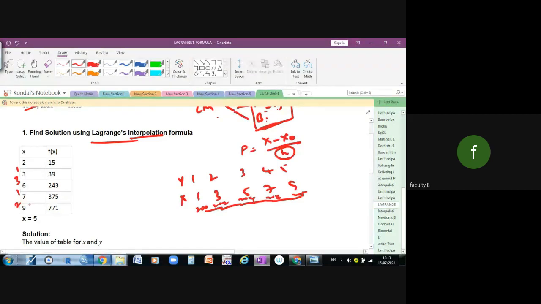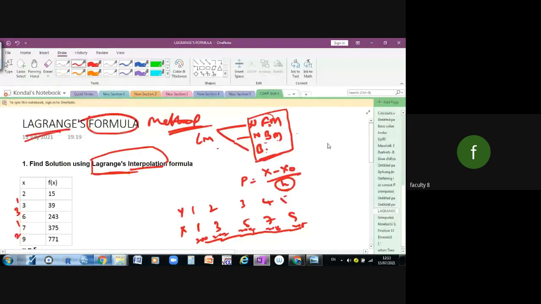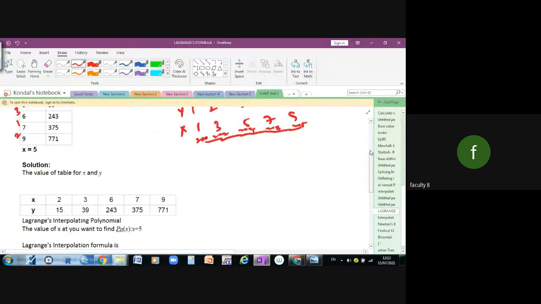If the difference is not uniform, you have to use the Lagrange method; otherwise you can use the Newton forward, backward, or binomial method. If they mention the method name, you have to follow that method's formula only. I hope you understood the Lagrange method clearly, right?